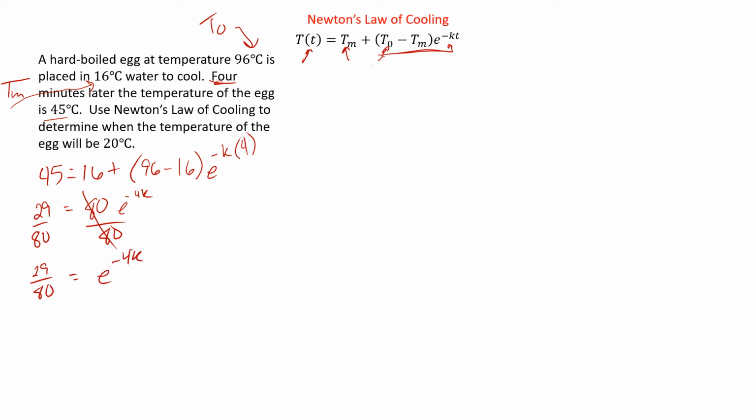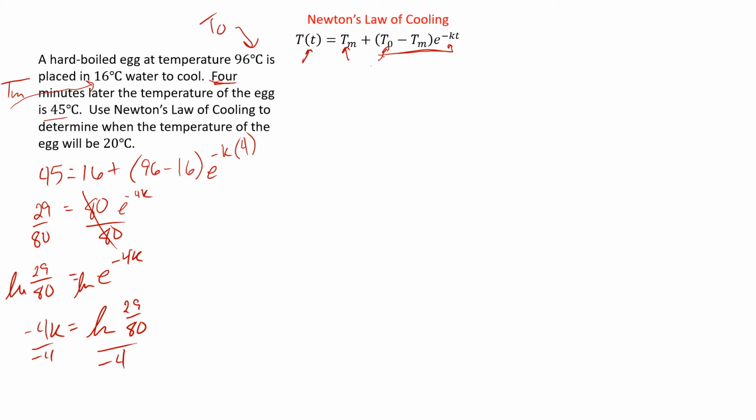Now to get that variable out of the exponent, we're going to take the natural log of both sides, which will give us negative 4k equals the natural log of 29 over 80, which again is just a number, not a pleasant number, but just a number. And now we can divide by negative 4.